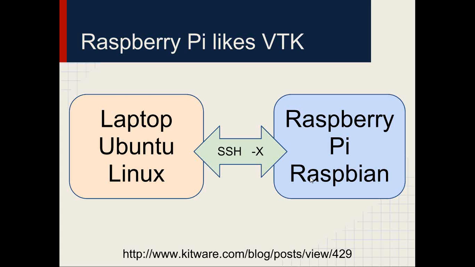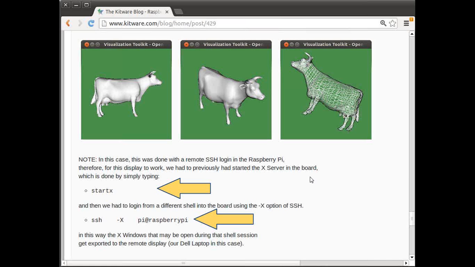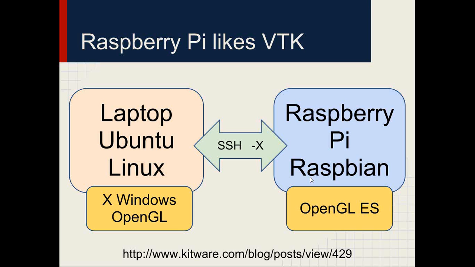Okay, so in that exercise with VTK, at the end we were rendering the typical holy cow. That was done by running the X server on the Raspberry Pi, on the server side, and on the client side we were connecting to the Raspberry Pi using SSH and exporting the X commands. Something that was pointed out to us just after publishing the blog, by Brad Brokamp at the National Library of Medicine, who was very kind to quickly point out, was that we were actually not taking advantage of the rendering capabilities of the board.